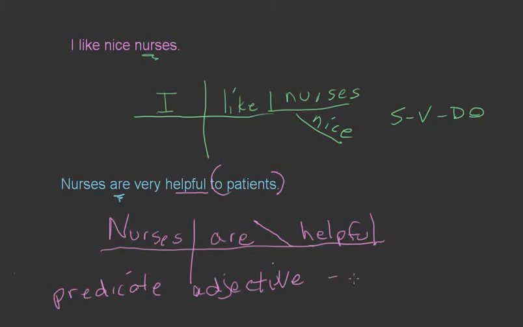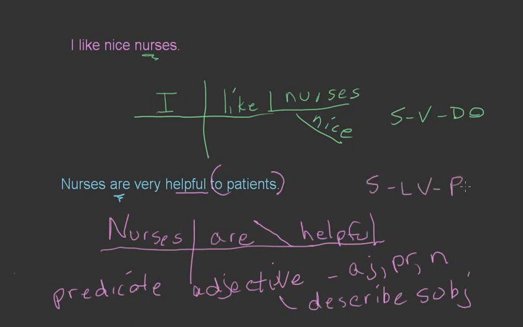Okay, and a predicate adjective will describe the subject, and it's the subject linking verb predicate adjective pattern, and there's always a linking verb between the subject and the predicate adjective.